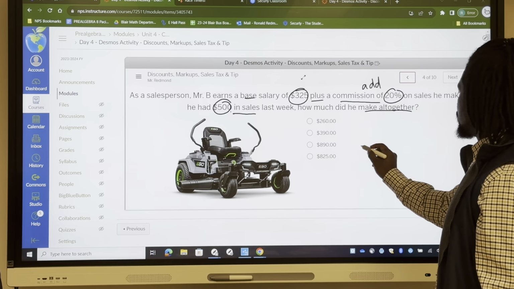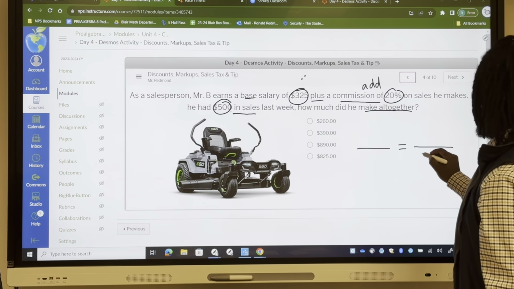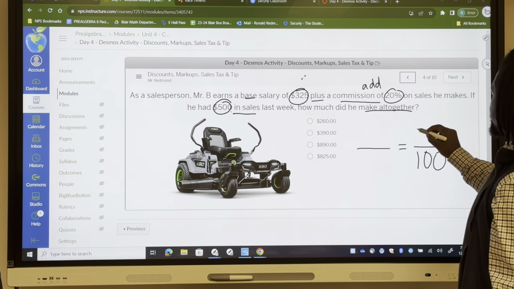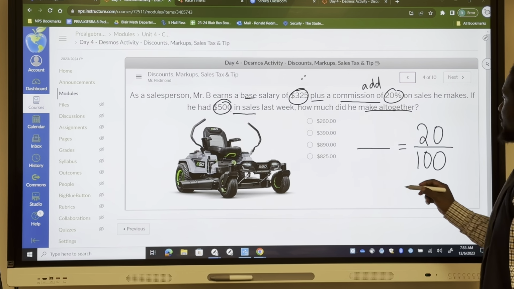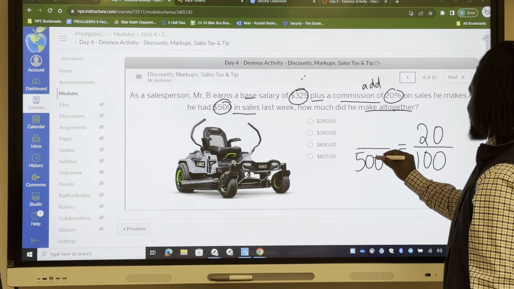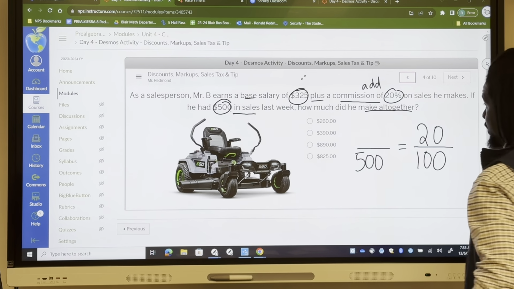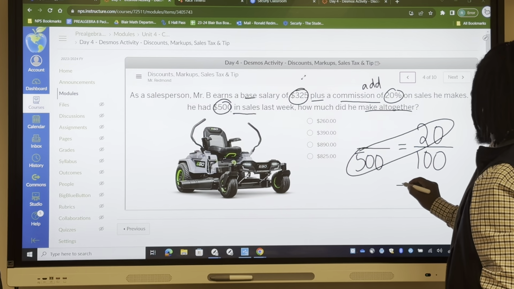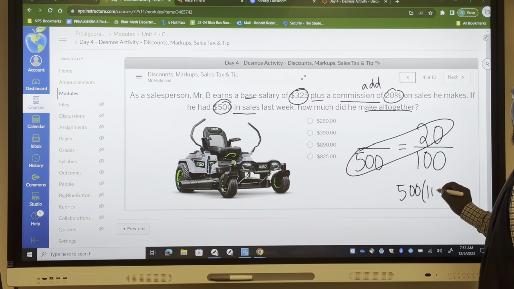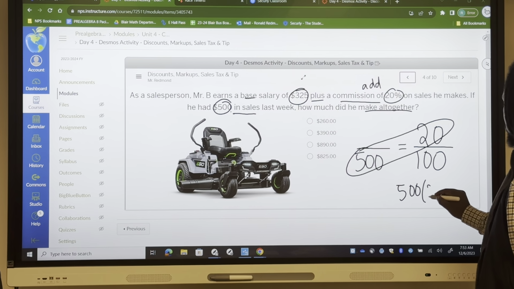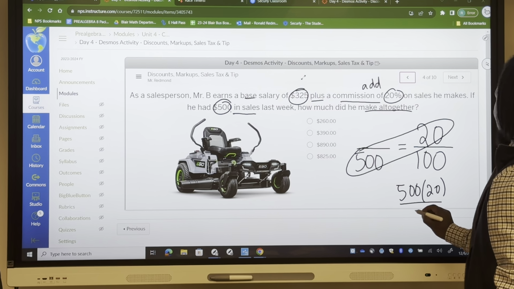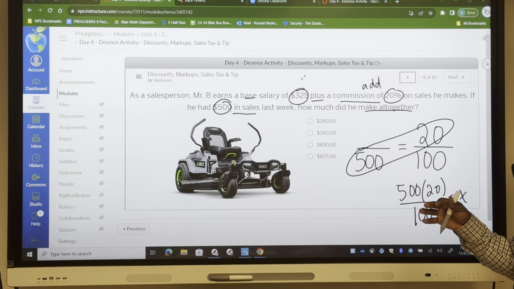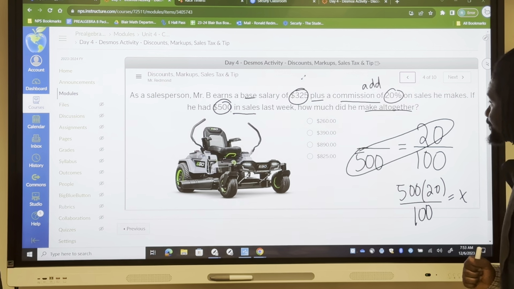Okay, so the percent commission is 20. The amount that he had in sales was 500. Okay, so then I'm gonna cross multiply, divide that by 20, then divide it by 100, and that is going to give me the amount that he made in commission.